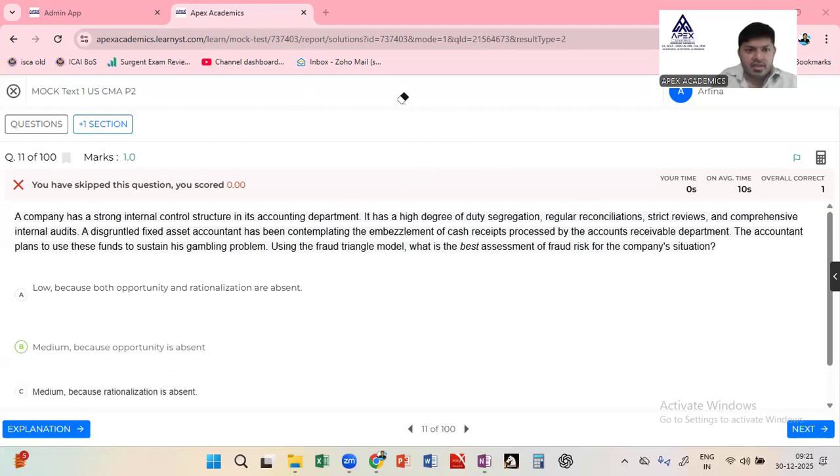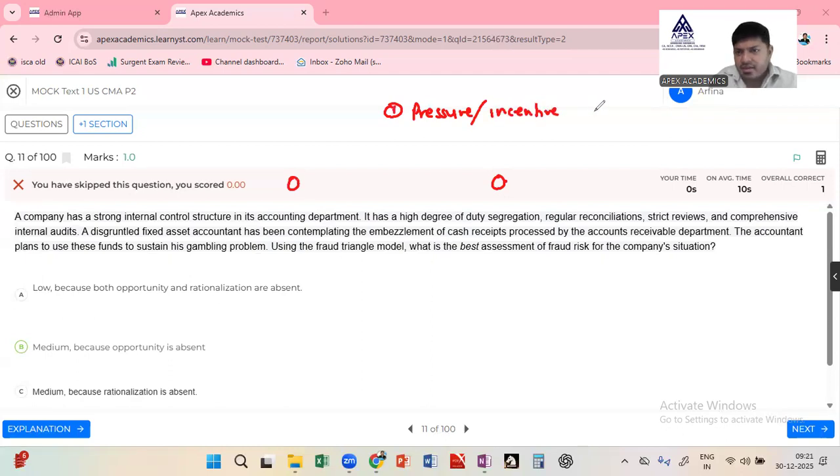First of all, let us be clear that this is a fraud triangle question. So let me ask you again, what are the three factors of a fraud triangle? The first is pressure, or I would use the word incentive.